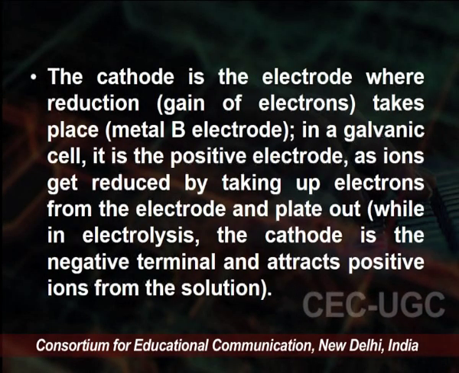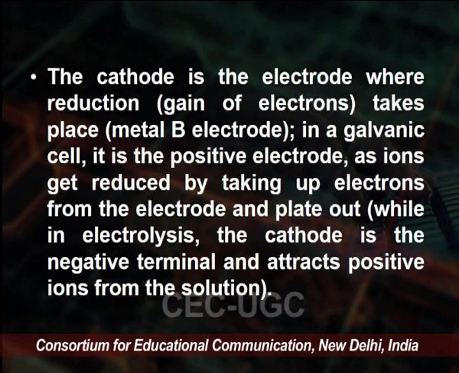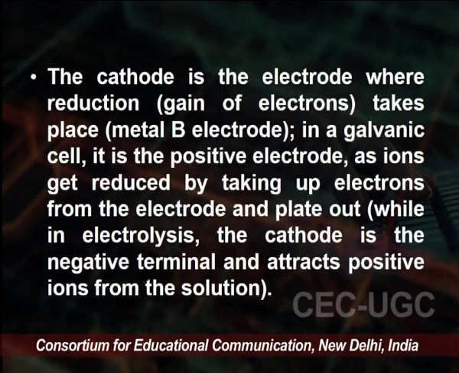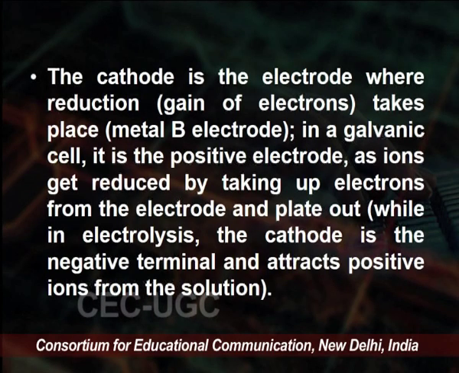The cathode is the electrode where reduction, the gain of electrons, takes place, and that is the metal B electrode. In a galvanic cell it is the positive electrode, as ions get reduced by taking up electrons from the electrode and plate out.